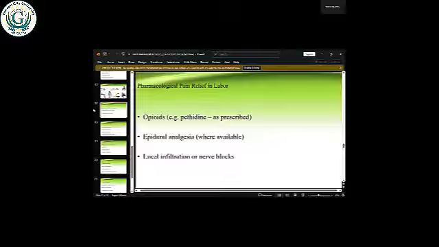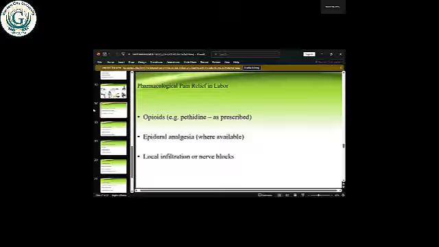And we can also give epidural anesthesia where applicable, mostly in the theater. And we can also do local infiltration of the nerve, which is always referred to as nerve blocks.